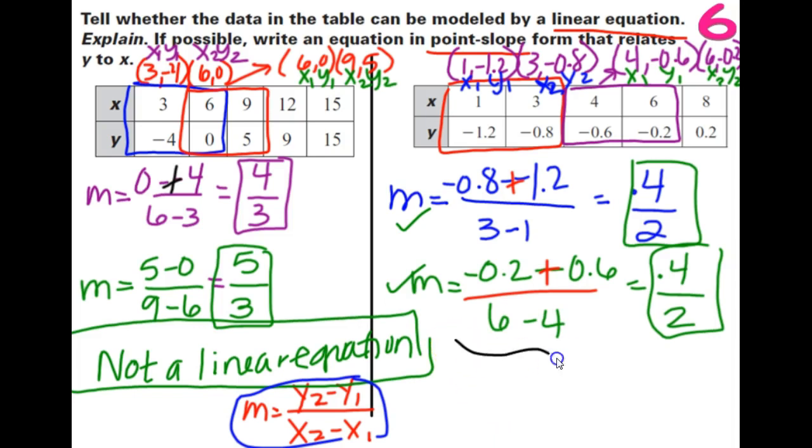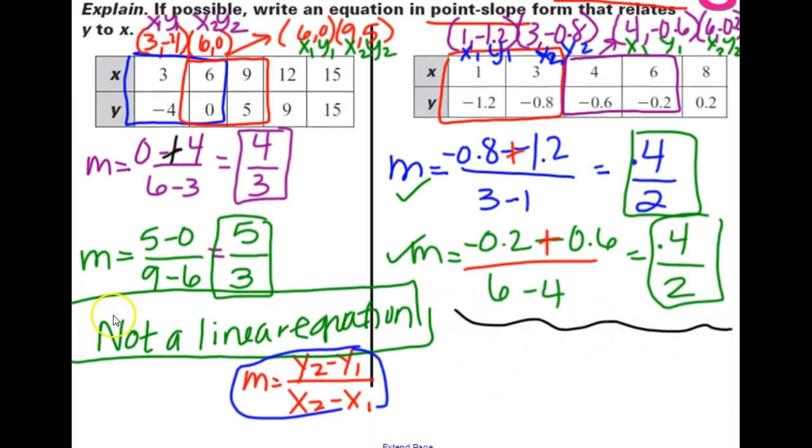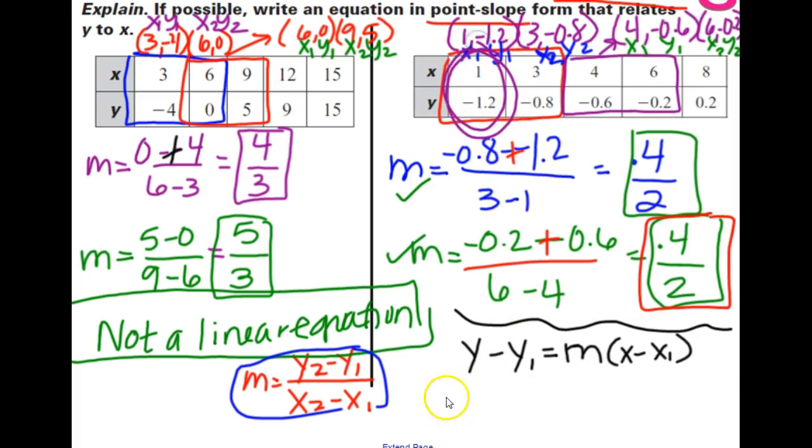So we need to write an equation, it says, in point-slope form, which is what we've been working with today. So our slope we just found right here, and we need to pick a point. Doesn't matter which point you pick, I'm just going to pick the first one.